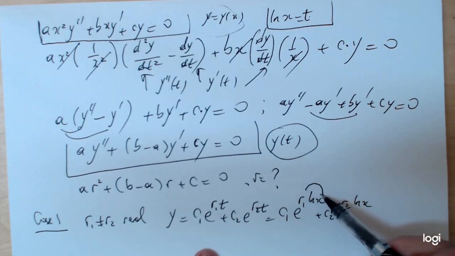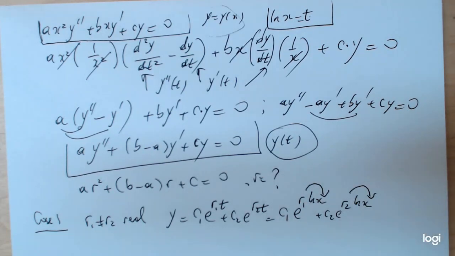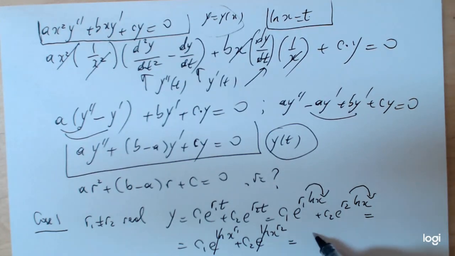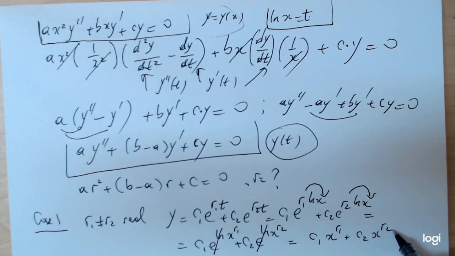So remember, you can bring r inside the natural log, and cancel e with the natural log. So in the distinct real root case, the formula for the solution is given by c1 x to the r1 plus c2 x to the r2.